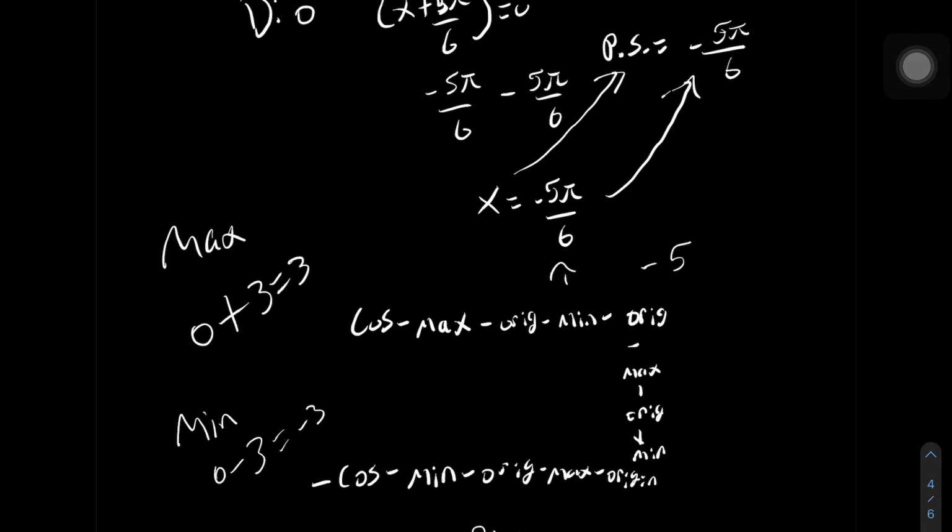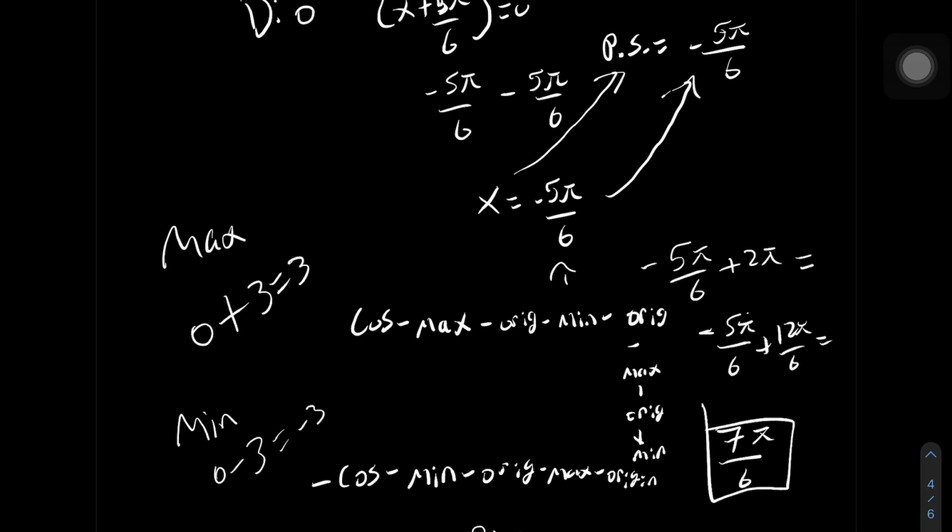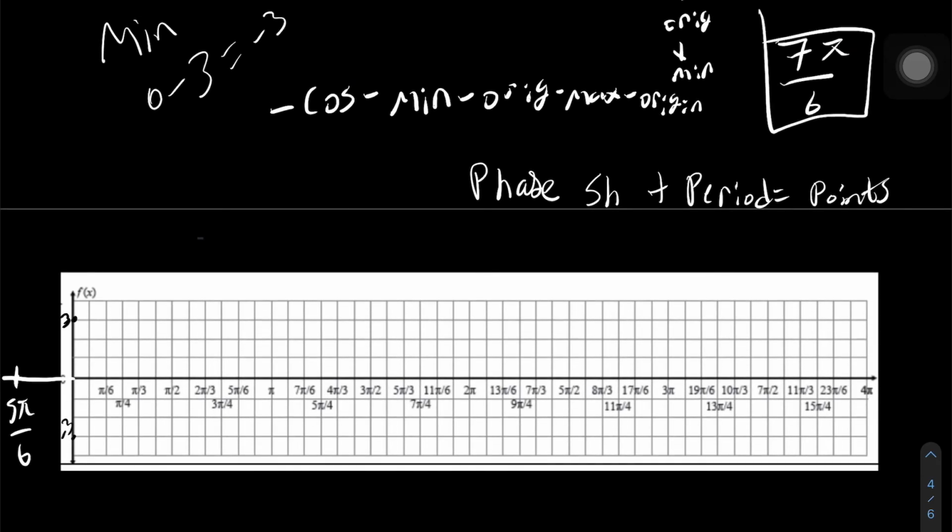So we have negative 5 pi over 6 plus 2 pi, which is actually just negative 5 pi over 6 plus 12 pi over 6, which is just positive 7 pi over 6, which is going to be one of our points. Positive 7 pi over 6.